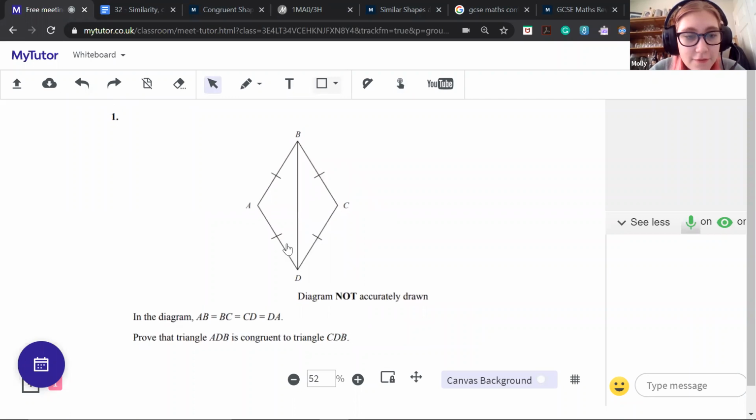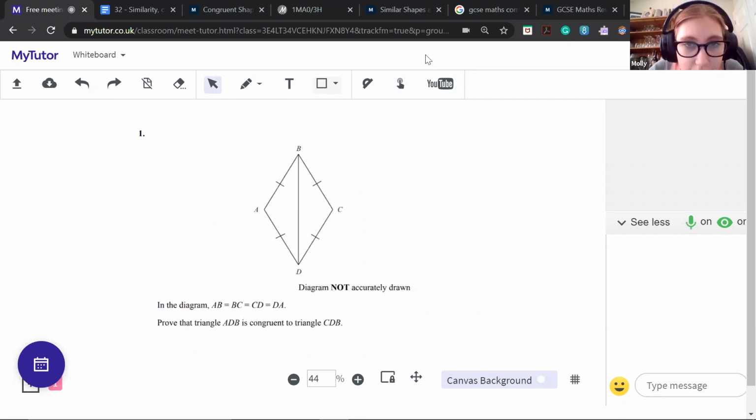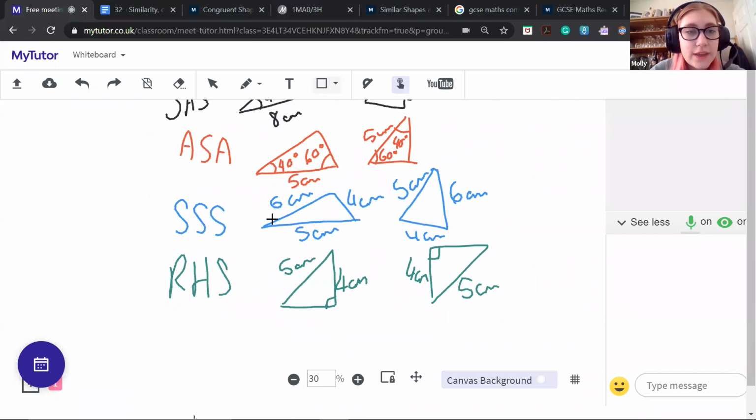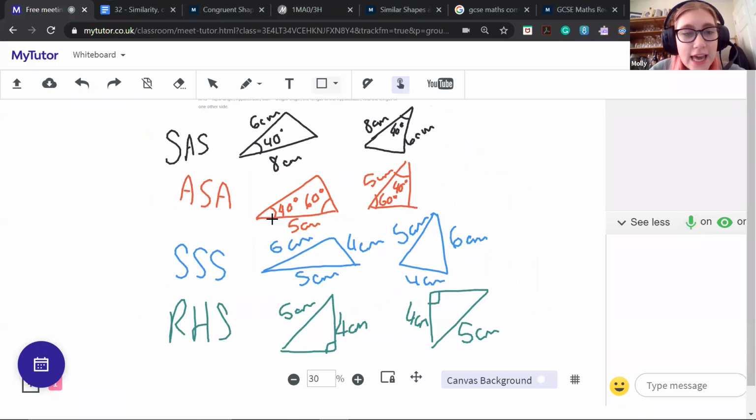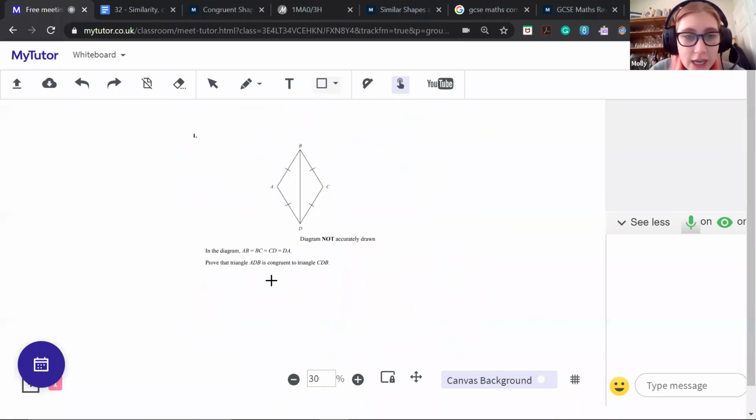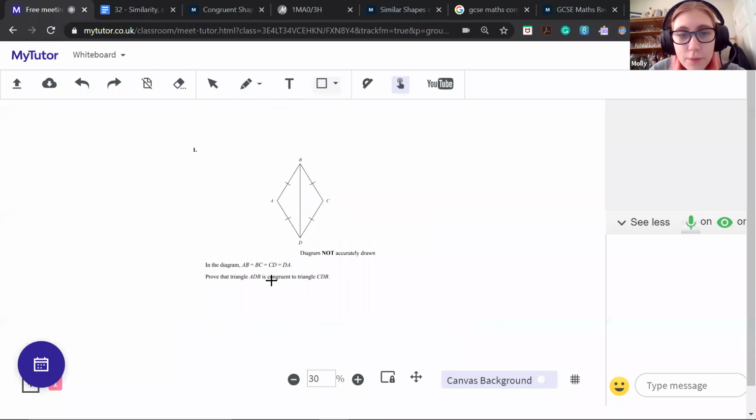Here we have AB equals BC equals CD equals DA. That's what these lines mean, that all of these lines here are of the same length. And we want to prove that triangle ADB is congruent to triangle CDB. So which one do you think we'll use here? Is it SAS, ASA, SSS, or RHS? Which one do you think it is here? Pop it on the chat.